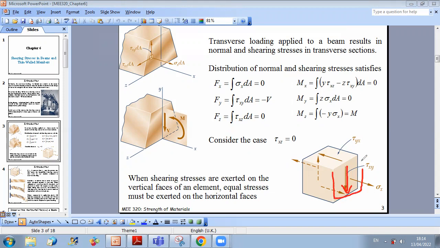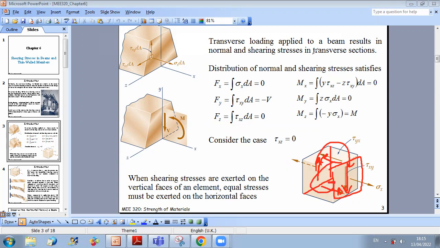So this will result in a certain distribution of shear stresses. If you take the face that is just opposite, you will have an opposite shear stress, and this will create, if you want, like a couple. So to have your element in equilibrium, you should have on horizontal faces also development of shear stresses in a way to create an opposite couple to keep your element in equilibrium.